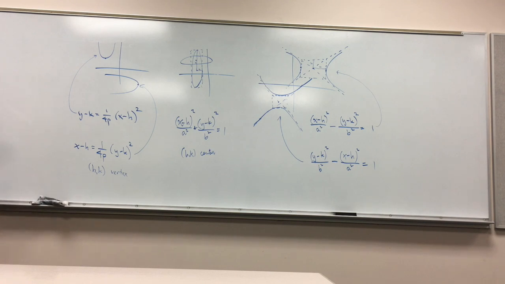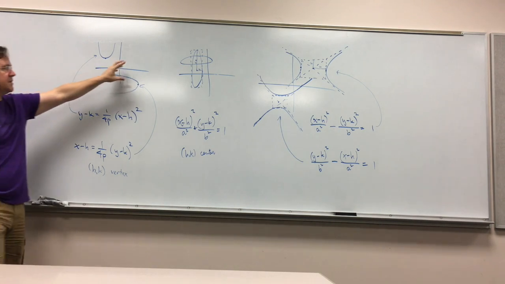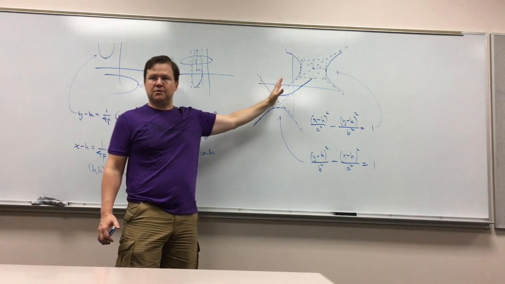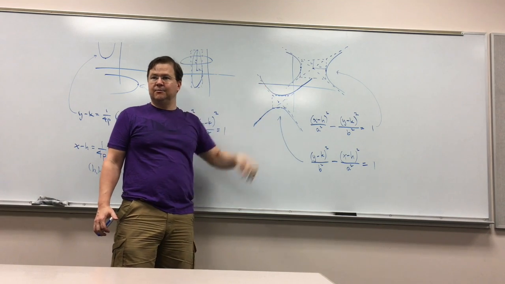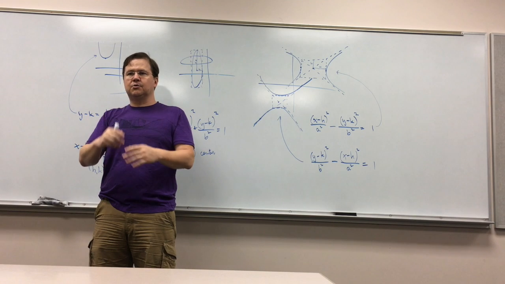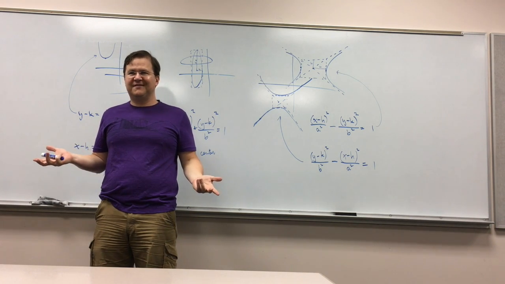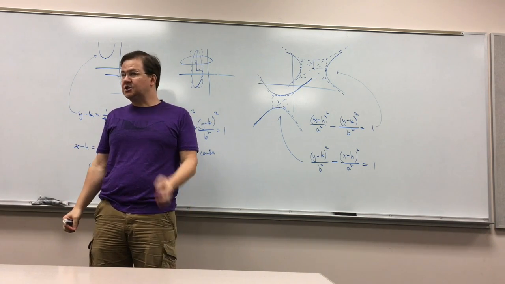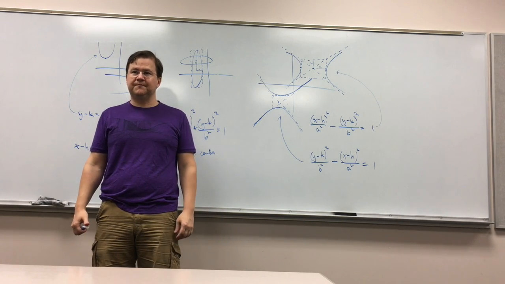For example, these conic sections are all defined with respect to the x and y axes. But what I just erased was this cone, and we're imagining a plane. There were no axes to be spoken of. The whole idea of a conic section is actually independent of the coordinate system.